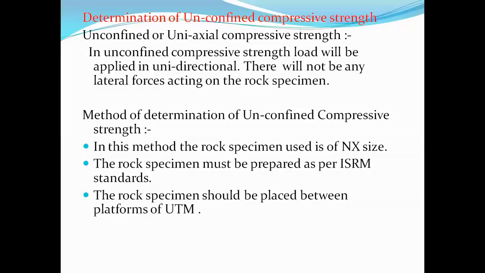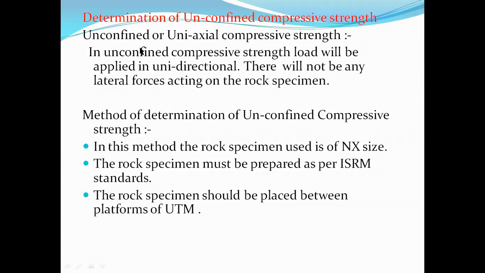Next, let's move on. As part of this video lecture, we are going to determine the unconfined compressive strength, or uniaxial compressive strength. As the name indicates, in this case the compressive load will be applied uniaxially. That means the load will be applied only in one direction. There will not be any force applied in the lateral direction.